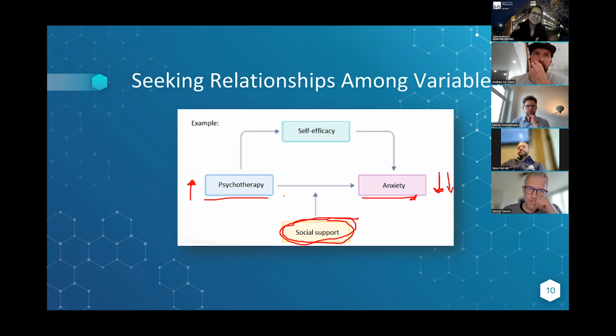So in this case, self-efficacy will be a mediator variable, because it is through this variable that we are actually observing the change in the dependent variable. This kind of thinking is very important in quantitative research.